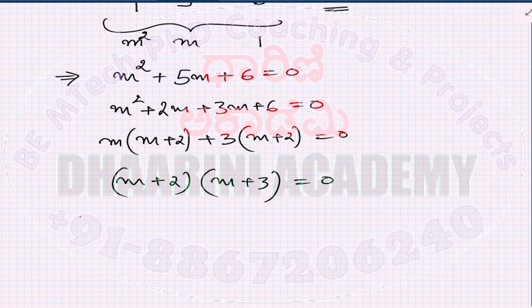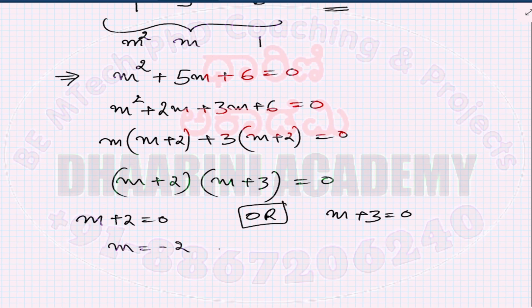So this means either m plus 2 equals 0, or the other option is m plus 3 equal to 0. If you consider the first one, m is equal to minus 2. At the same time, the second one gives m equal to minus 3.